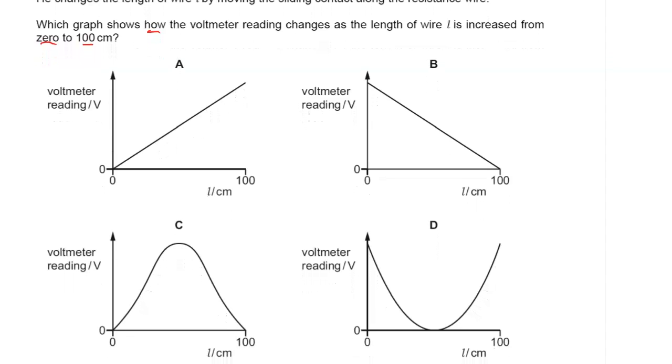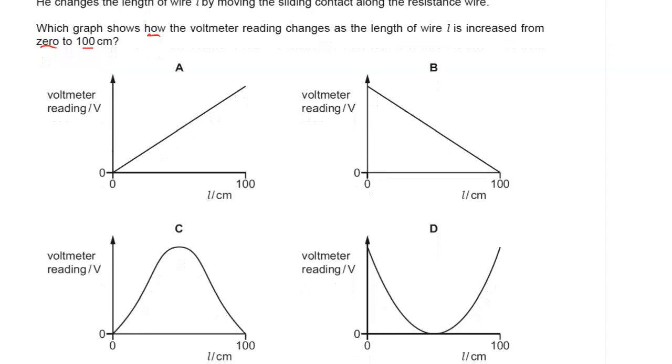Okay, so you look at the graphs which indicate an increase in voltage with the increase of length. You find that graph is the correct one. Remember, voltage is equal to current times resistance.